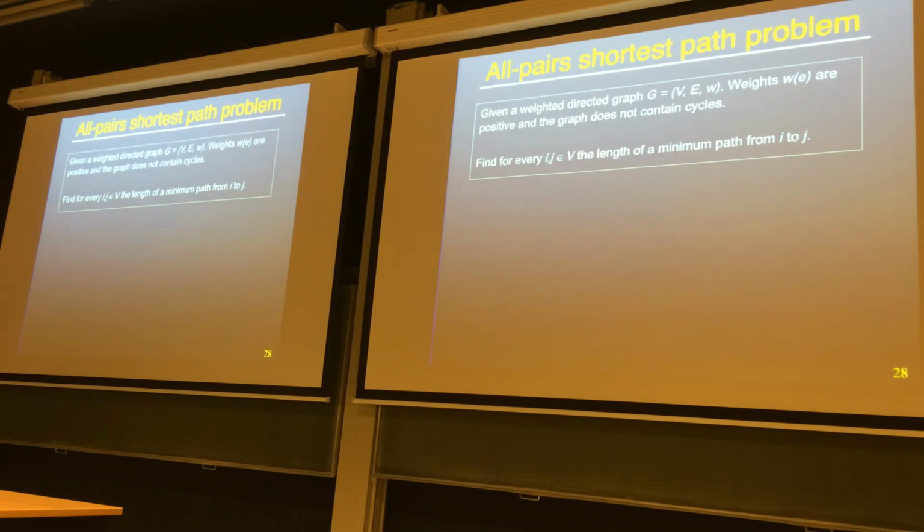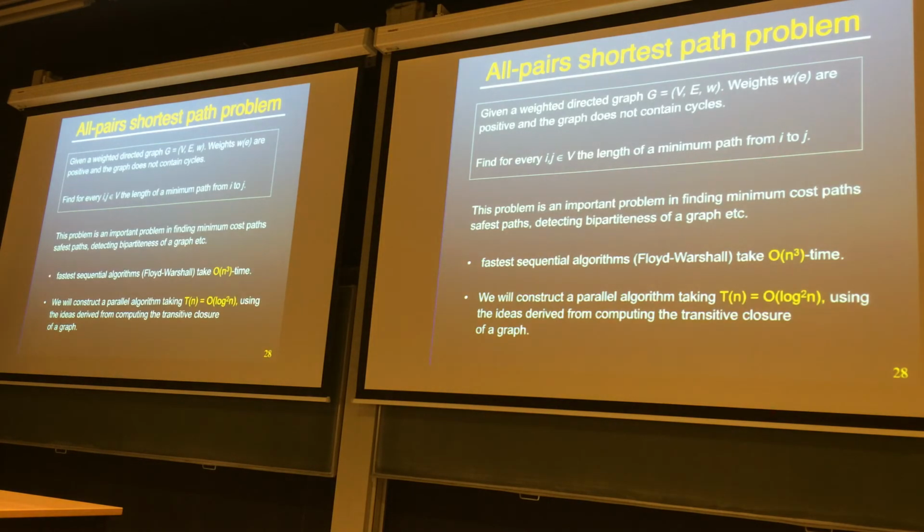Okay. We know that this problem for sequential algorithms will cost you O of n to the power 3, so there is a cubic algorithm, and one of them is the Floyd-Warshall algorithm.